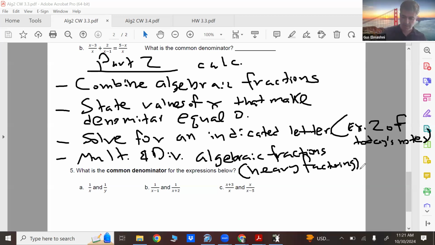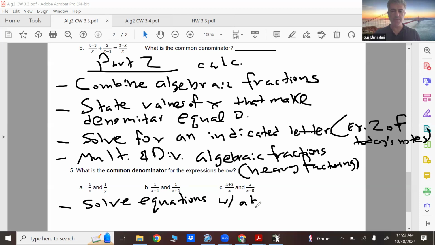And then the last one: solve equations with algebraic fractions, just like we did today.